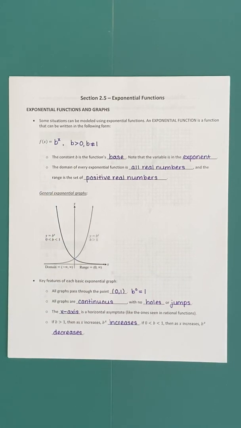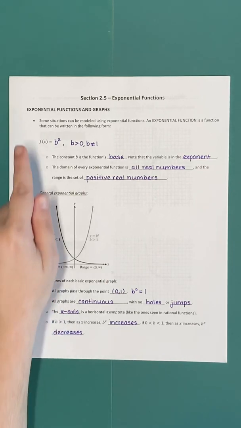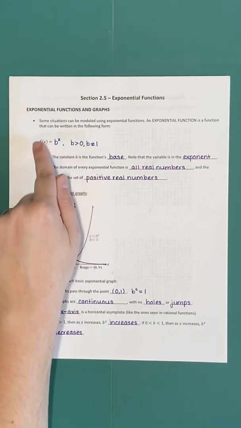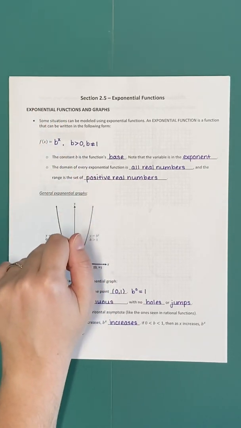Now, I keep saying "for the basic functions" for a reason. When we looked at transformations of regular functions, we talked about the kinds of changes you can make to a function and what those changes will do to the graph of that function. We can apply the same kinds of transformations to a function that looks like this, and they're going to do the same things.